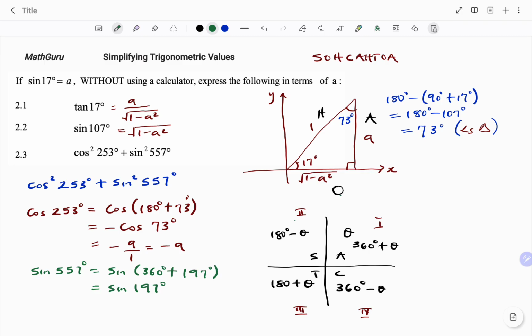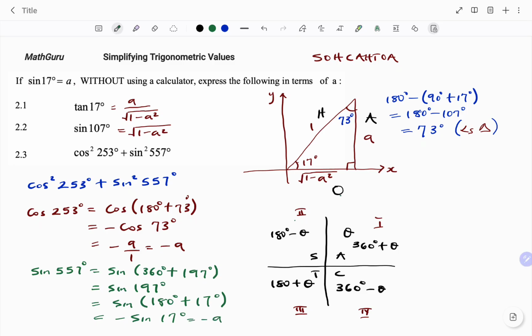Now 197 degrees falls in the third quadrant, which means I need to break that down into the sine of 180 degrees plus 17 degrees. Note that sine is negative in that quadrant, so this resolves to negative sine of 17 degrees, which we've been given from the first part of the question. Sine 17 is A, so this is negative A.